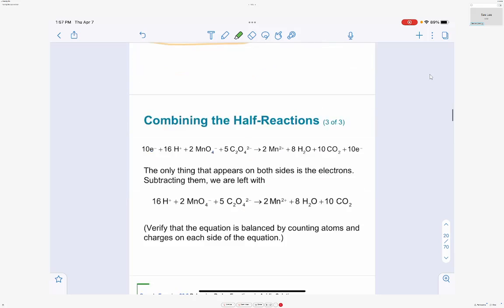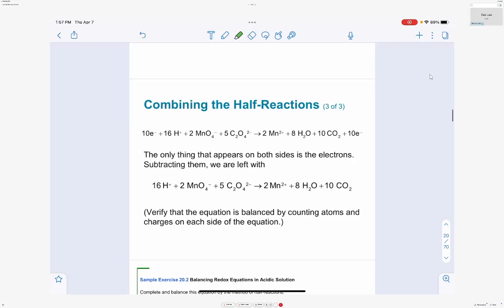The final step is to eliminate anything that appears on both sides. The only thing that appears on both sides is the 10 electrons.